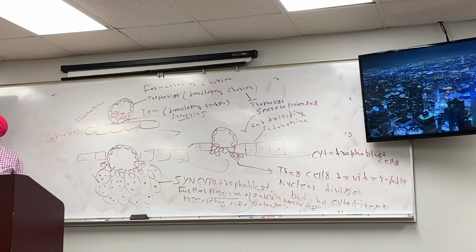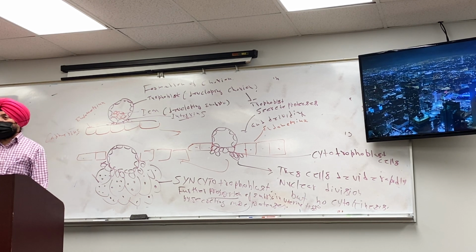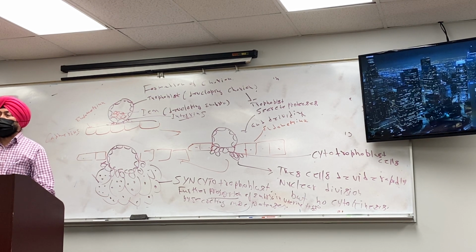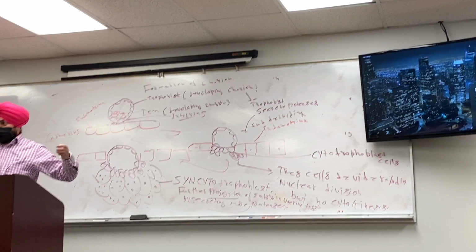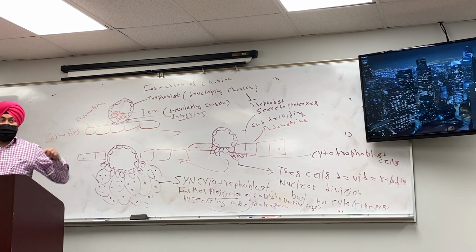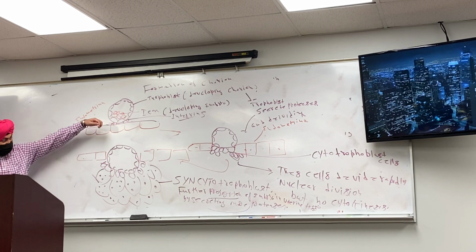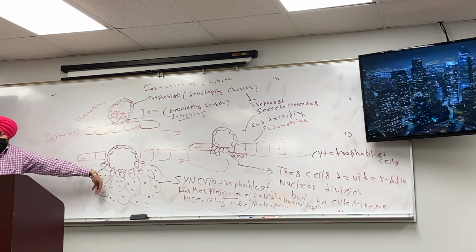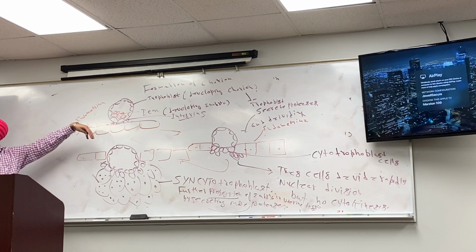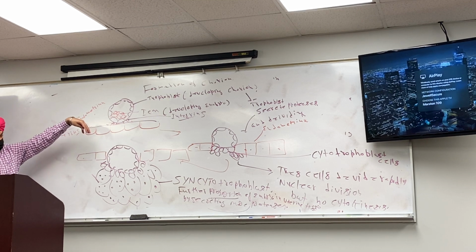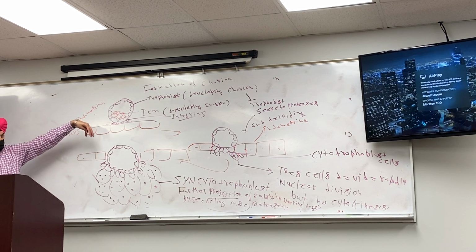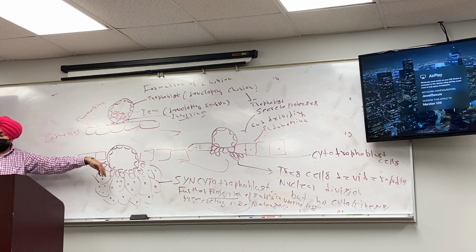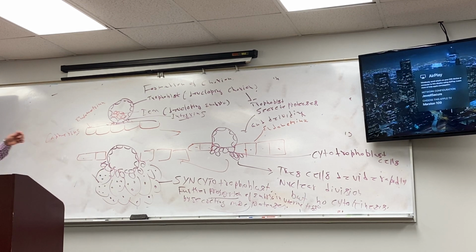Okay, so far it is okay. So the cells start dividing, but they don't divide in a way that the cell divides, the nucleus divides. Syncytiotrophoblast are formed, and they are further burrowing down because they are secreting more and more of the enzymes, proteases, digesting the tissue. Now what happens?